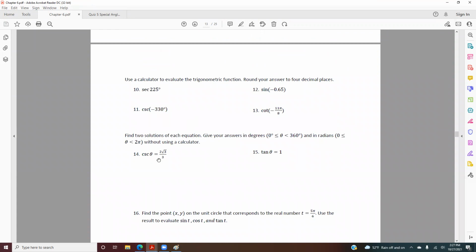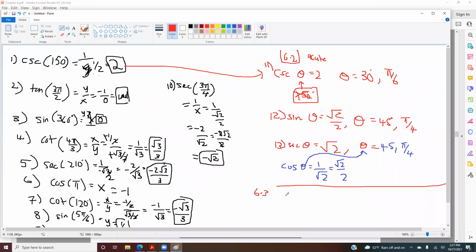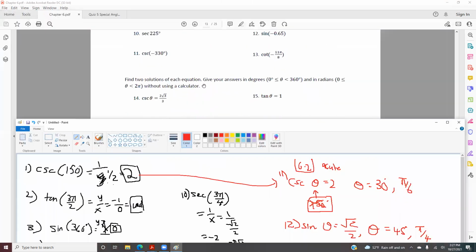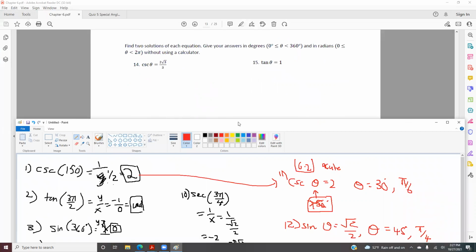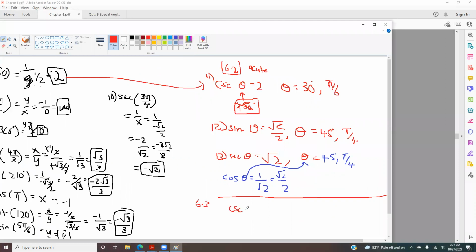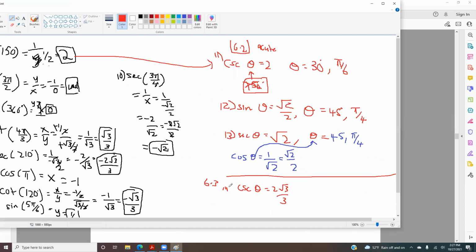So this is the same thing as what we did in 6.2, but now it's 6.3. The angle is no longer in one quadrant, it's in all 4 quadrants. So how do we do question number 14? Cosecant theta is 2√3 over 3. This time, this is 1 full revolution.